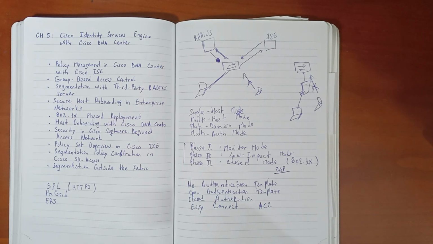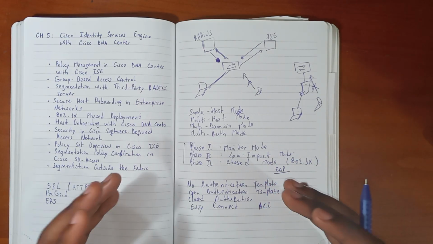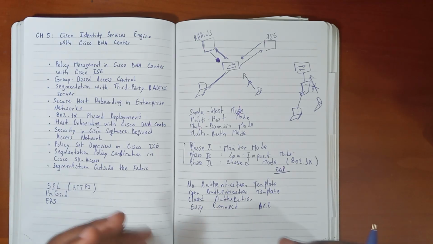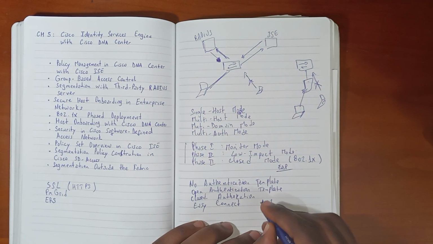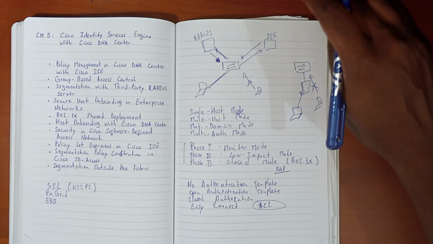If the device is not authenticated yet, it will only be authorized to access specific destinations like DHCP and DNS, using the ACL defined on the interface.